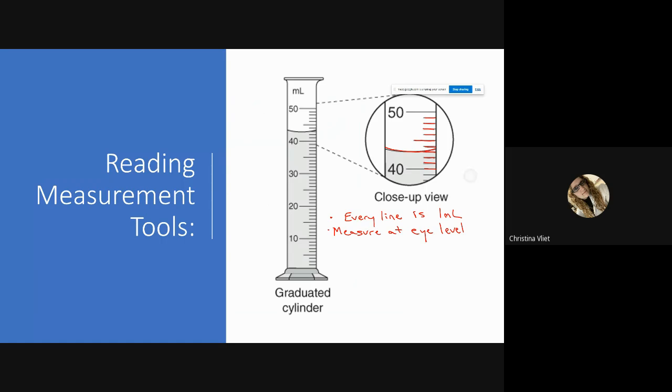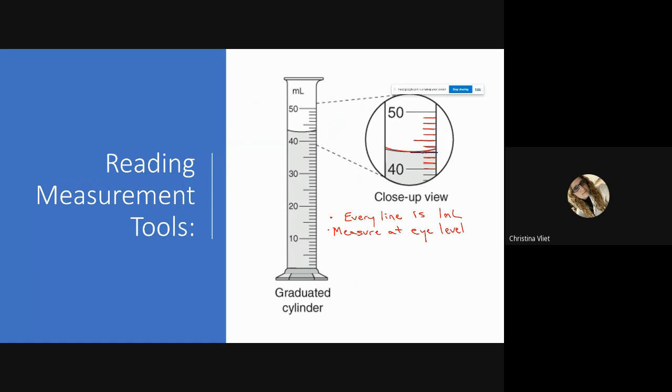So then knowing that, and I'll change my color, I know that I have to read this here. So then the question is, how do I measure this volume? What would I report as my answer?